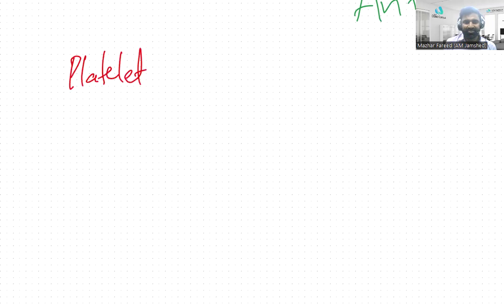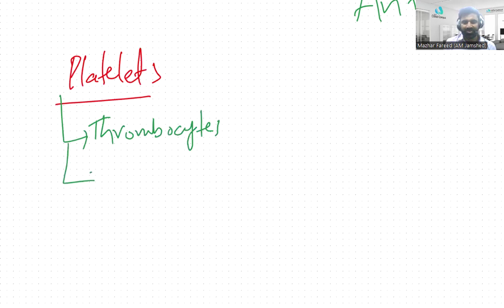Platelets are also known as thrombocytes. They are involved in blood clotting because they help to clot the blood. Blood clotting is a coagulation process when any blood vessel is damaged. So they help to activate thrombin and fibrinogen.